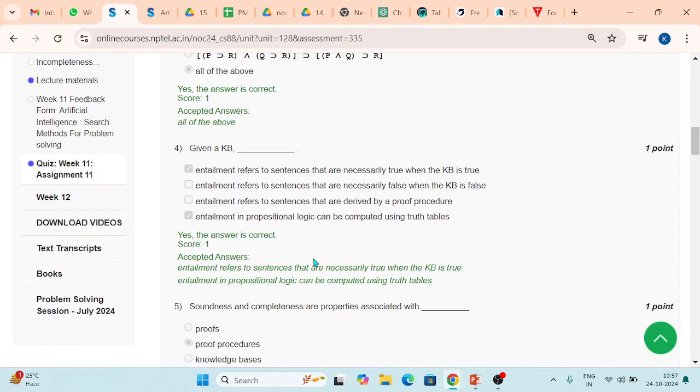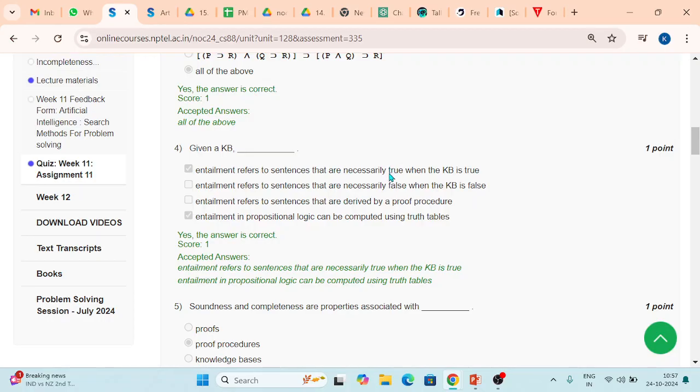And while coming to the knowledge base, whatever the given rules and facts, all combined together, are called the knowledge base. Okay, entailment refers to sentences that are necessarily true when the KB is true.